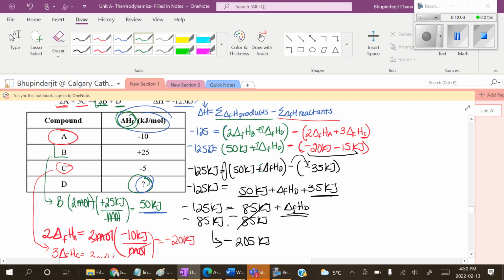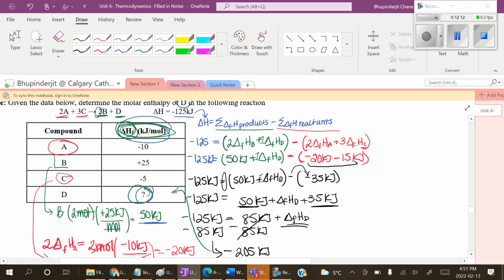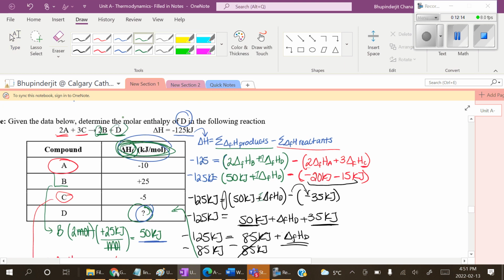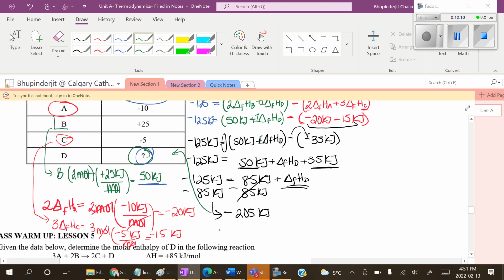Okay, so here we need molar. So in order to put it back into this table, we need to divide it by moles. Well, there's 1 mole of D. So delta FHD is equal to negative 205 kilojoules divided by 1 mole. So that would give me negative 205 kilojoules per mole. And that would be my final answer.